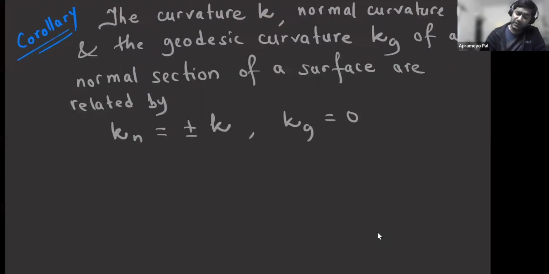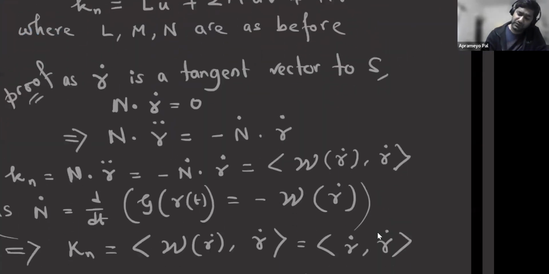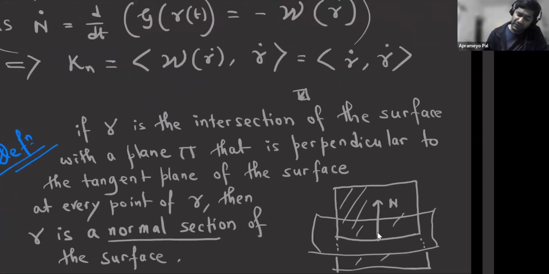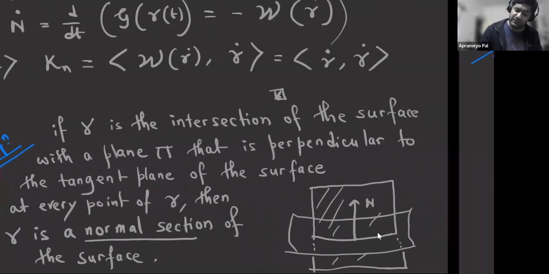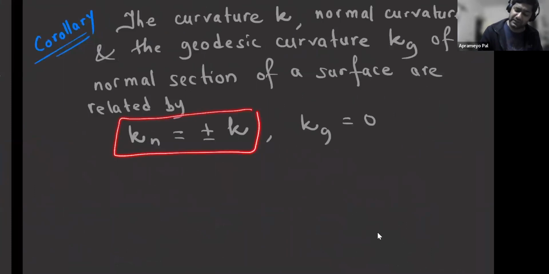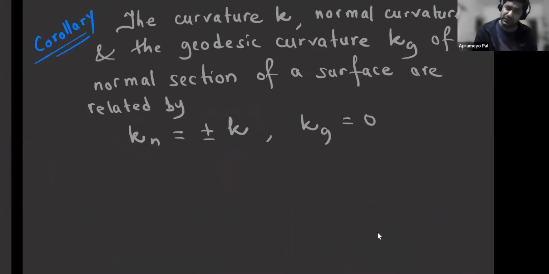So what I'm saying is, if you have a normal section like this gamma, an intersection of this plane pi and the surface, perpendicular to the tangent plane at every point, then the normal curvature is nothing but, up to sign, the curvature of the curve, and the geodesic curvature is 0.